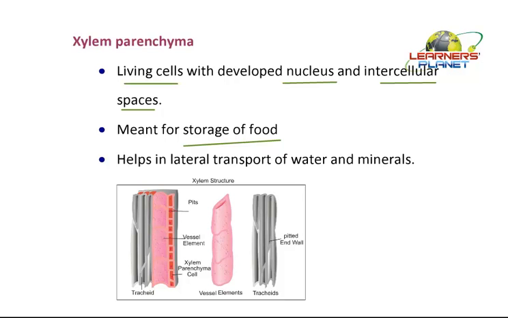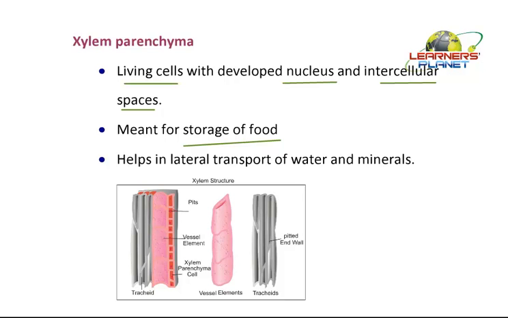Not only this, these parenchyma can also help in the lateral transport of water and minerals. See, tracheids have pits in between, so they help in conduction to the lateral sides. Now, in the lateral sides, the material will go into the parenchyma tissues. And from there, it will be transported to different parts through osmosis or other processes.